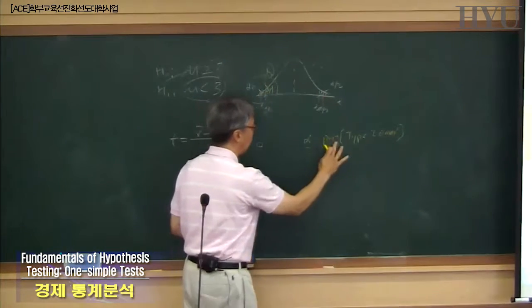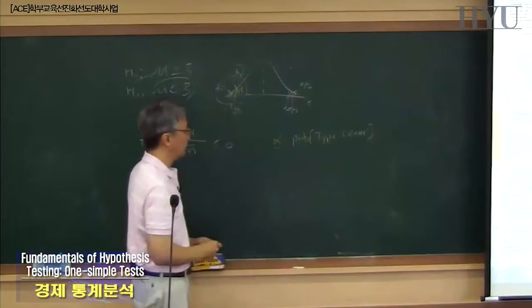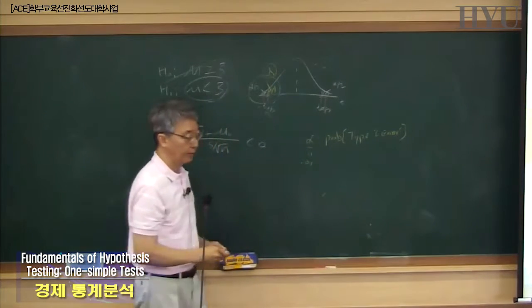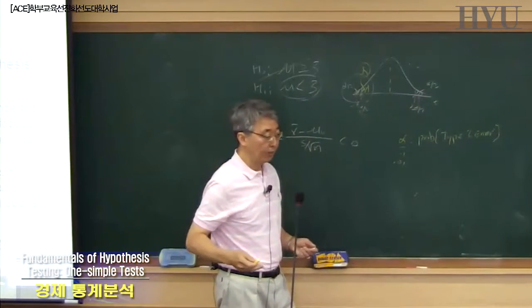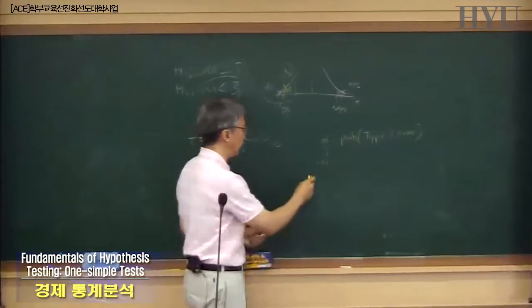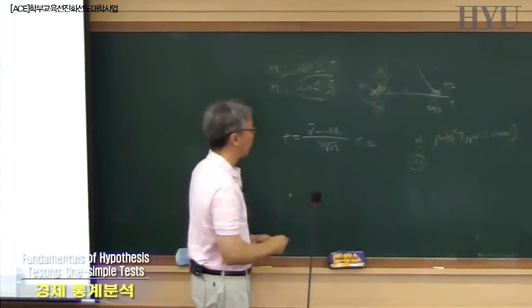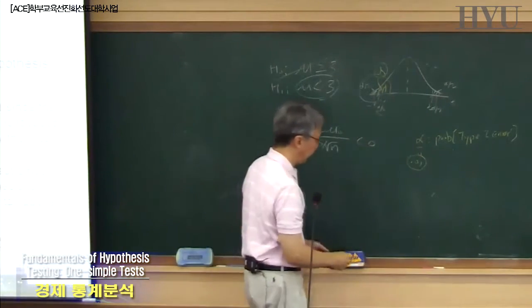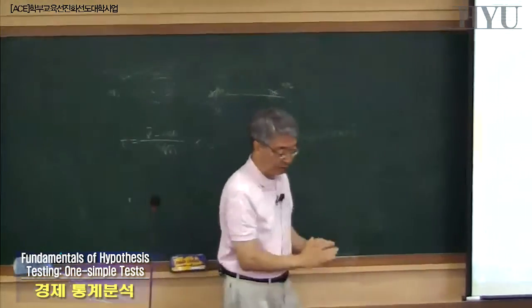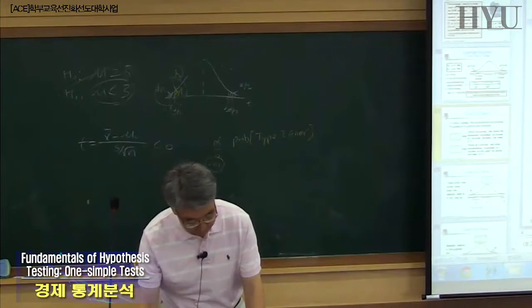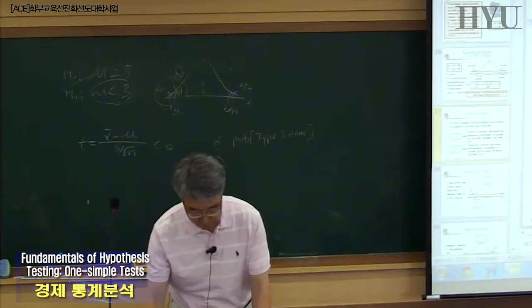Probability of type 1 error, I want it to be, say, 0.01 or 0.05, depending on your confidence level, right? And with that much risk, I will still reject the null hypothesis and say this is true, okay? All right, so that's the idea of one-tailed test. So either you can run a lower tail test or upper tail test, okay?